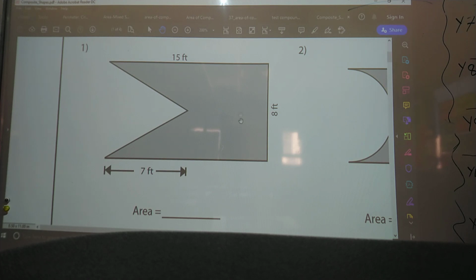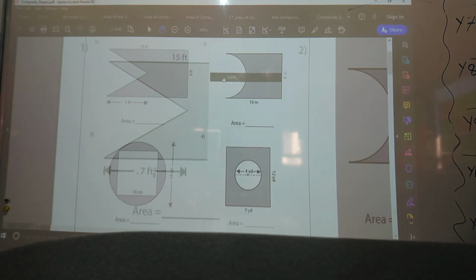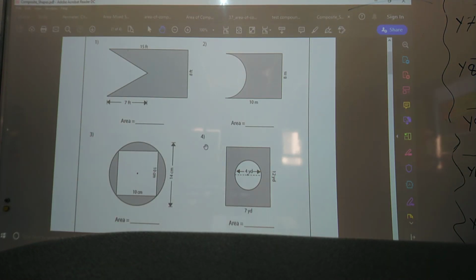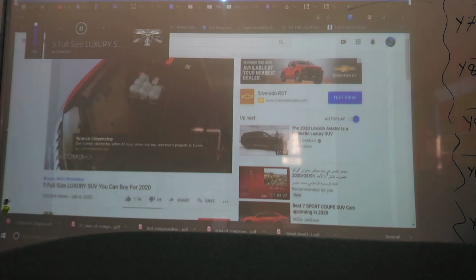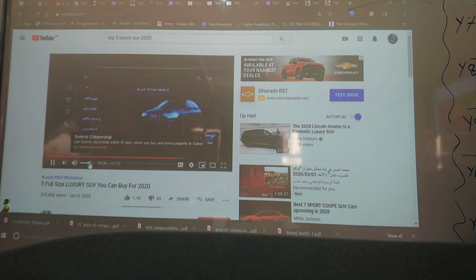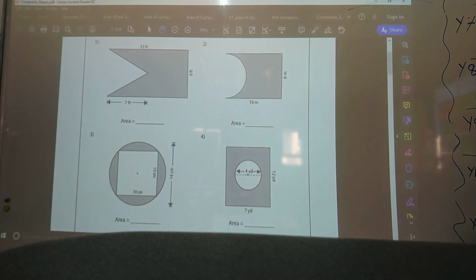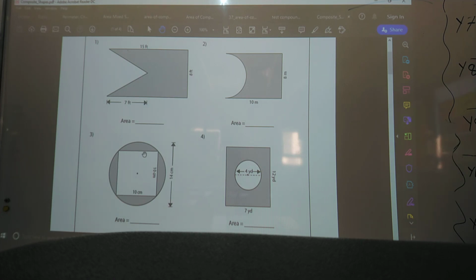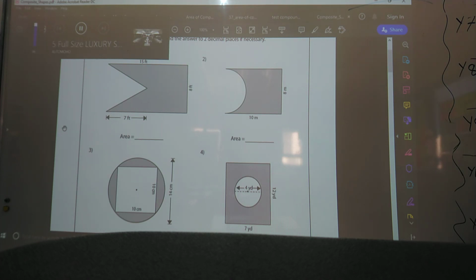See the music? Okay? Now I'm not sure if you can see the numbers. I'm trying. What? Okay.